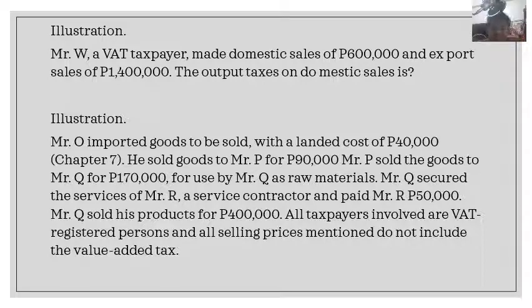So, kay Mr. P na tayo, binenta niya kay Mr. Q ng 170. So, yung selling price ni Mr. P kay Mr. Q, 170 times 12%. So, mayroon tayong output tax na 20,400. So, mas maganda siguro isulat nyo. So, ang output tax noon is 20,400.